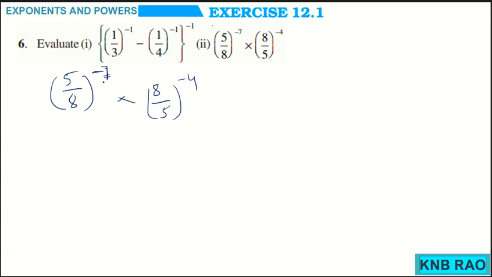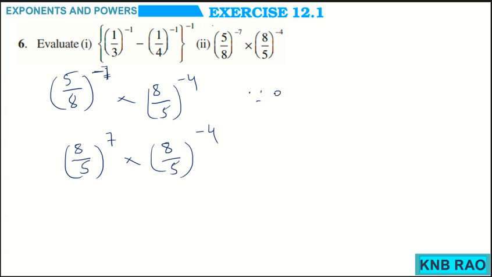So I will convert one of the negative powers into positive form by reciprocating the base. This 5 by 8 I am writing as 8 by 5. So (8 by 5) whole power positive 7 into (8 by 5) whole power minus 4.